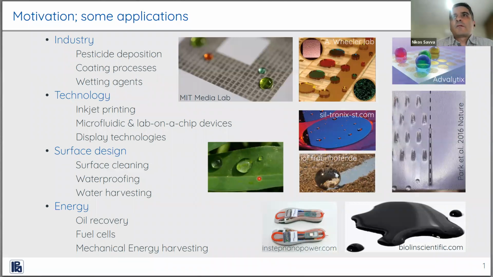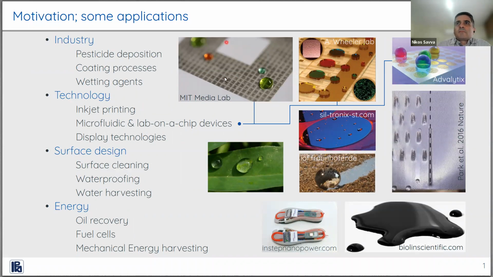problems? Well, the motivation primarily stems from applications across environmental, technological, industrial areas, and so on. So, for example, in industry, it's applied in pesticide deposition, coating processes, and wetting agents. In technology, we're looking at inkjet printing technologies, microfluidic and lab-on-chip devices.